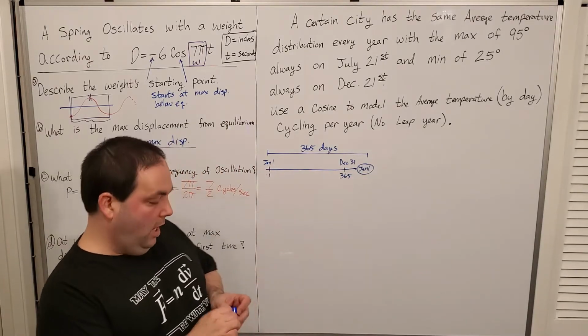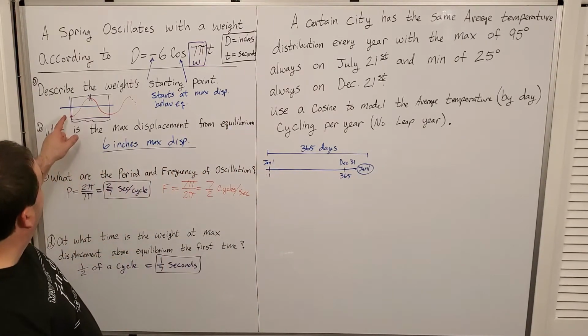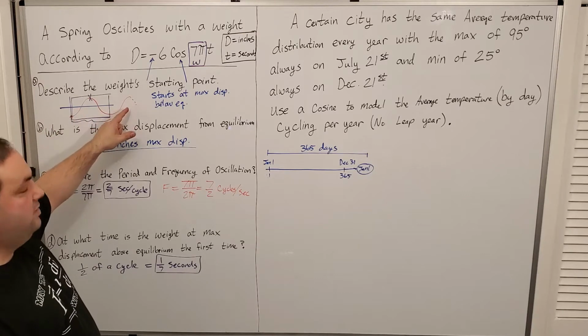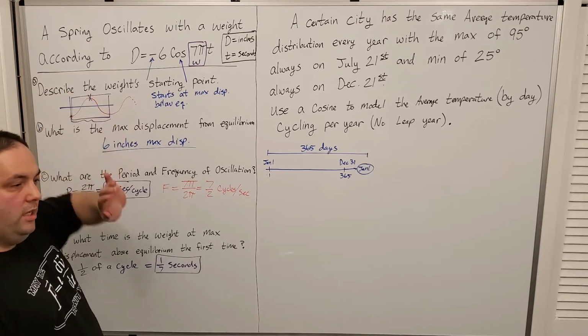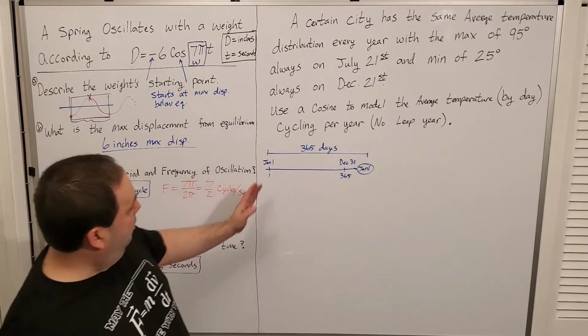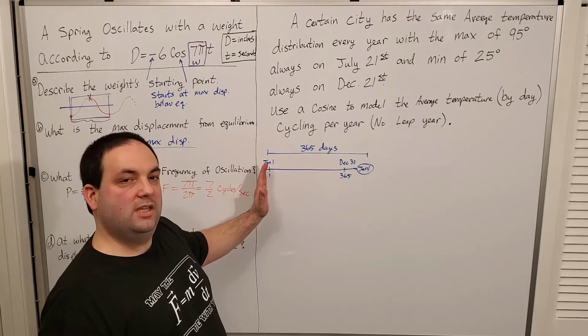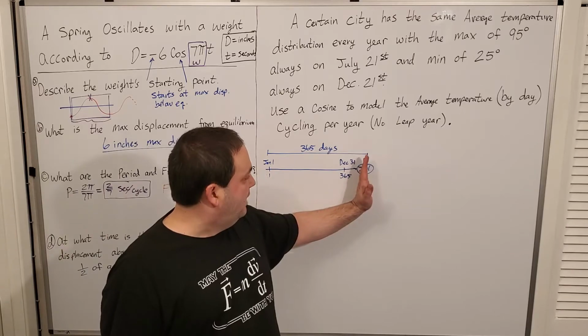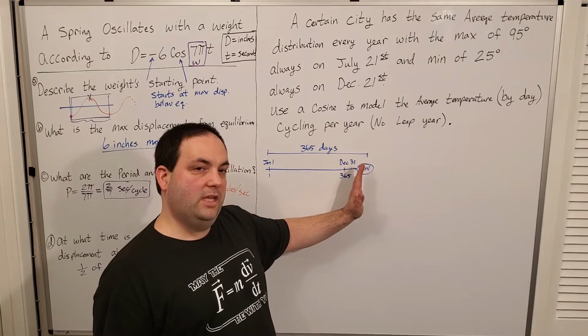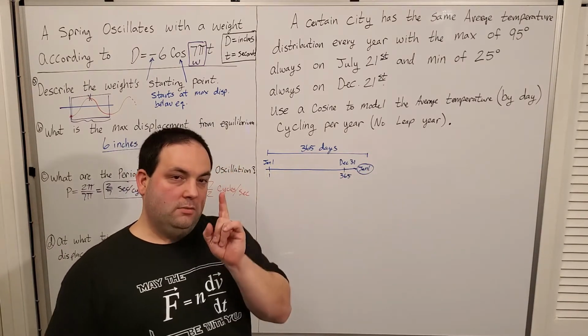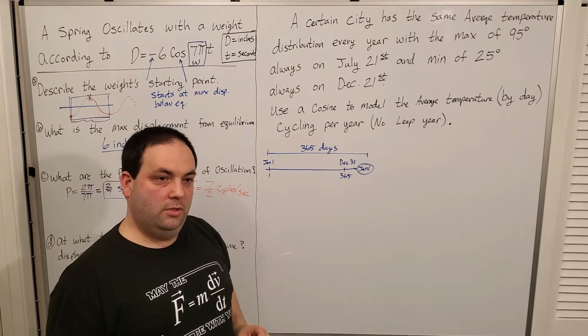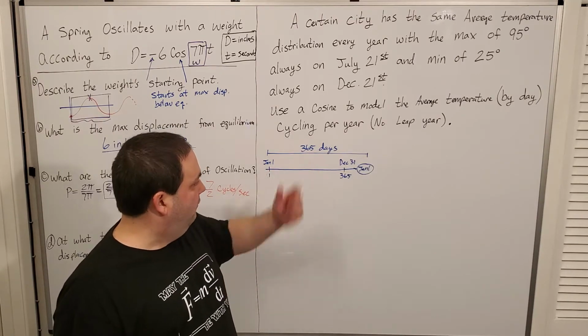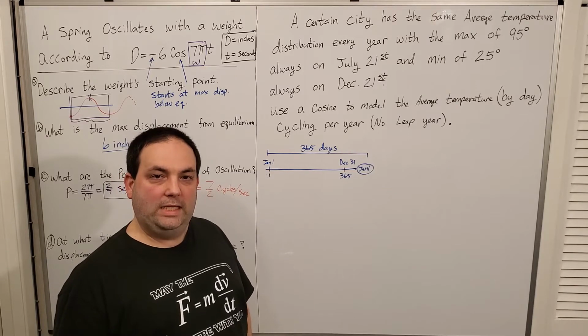And it doesn't matter, guys. You don't have to measure it from peak to peak or bottom to bottom or middle to middle. You can pick any point on a sine or cosine. I just happen to pick January 1st. It's easy to talk about. To the next January 1st is 365 days. So one cycle of temperatures has a period of 365 days.